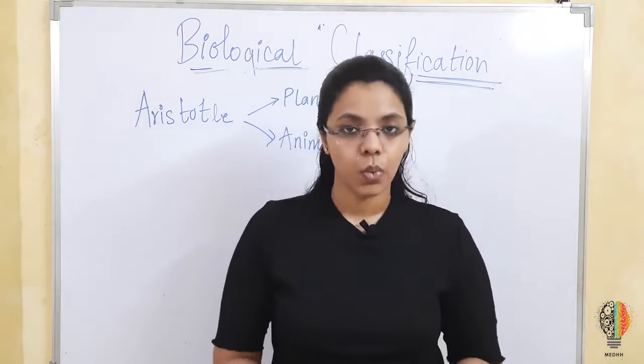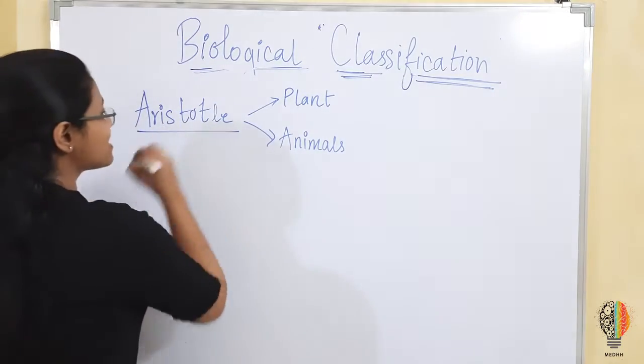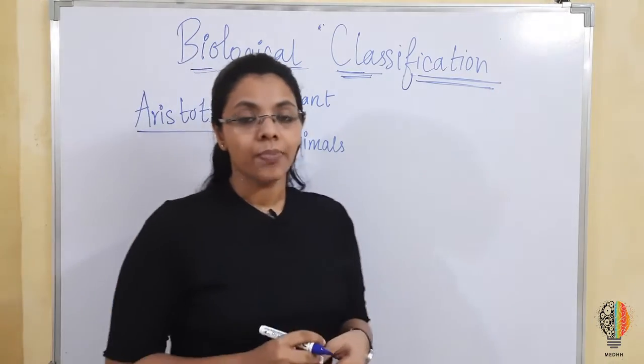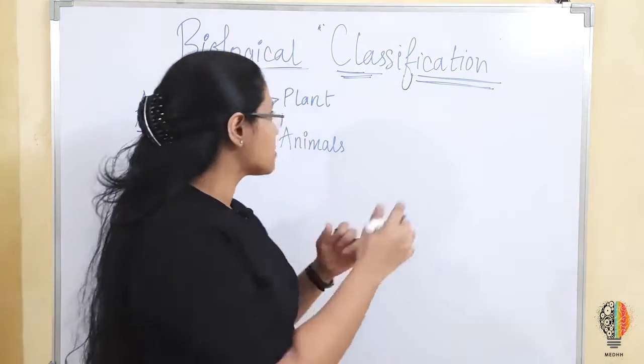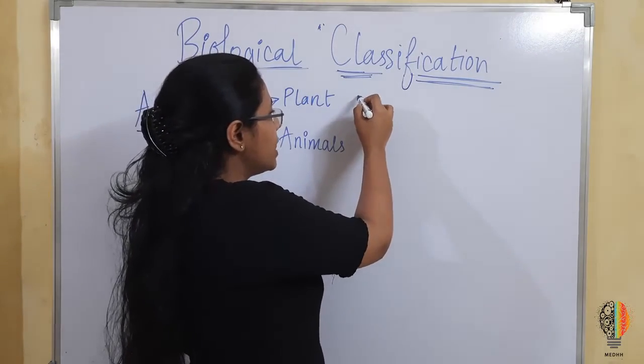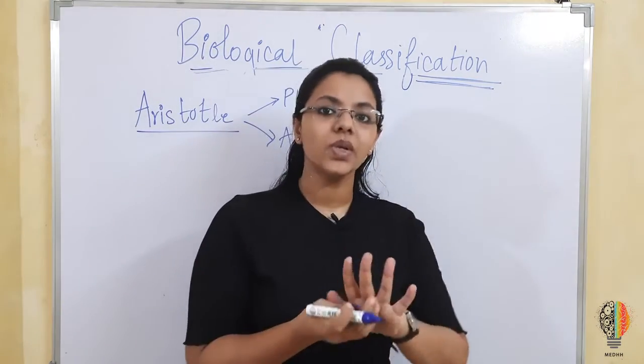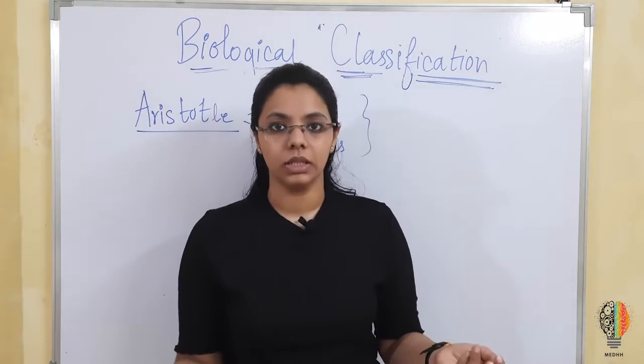The first one to create two groups was Aristotle. Aristotle was the first person to categorize organisms into two groups. That was very basic: plants and animals.